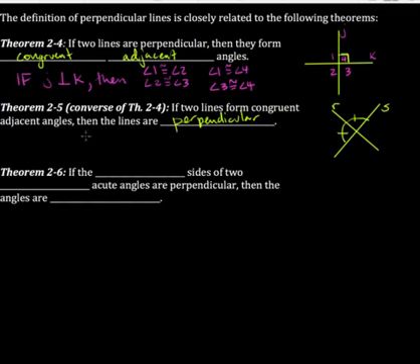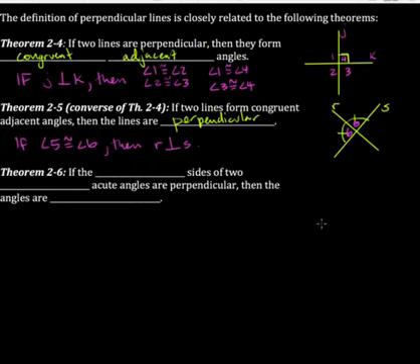So in other words, since I've used 1, 2, 3, and 4 up here, I'll call that angle 5 and that angle 6. If angle 5 in that picture is congruent to angle 6, then it's guaranteed that line R is perpendicular to line S.